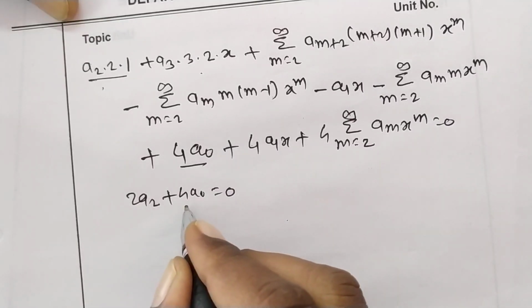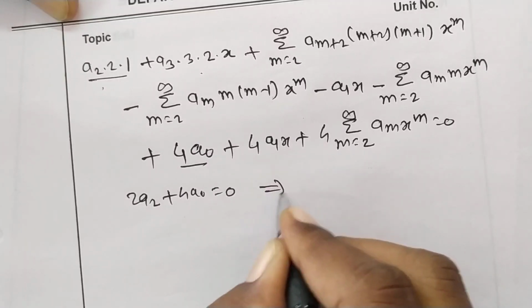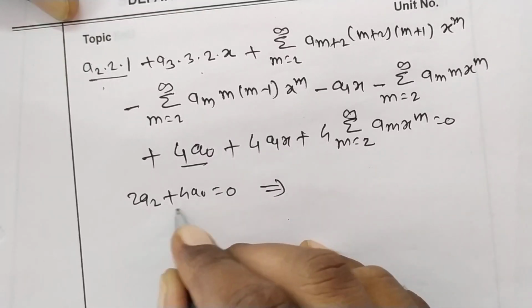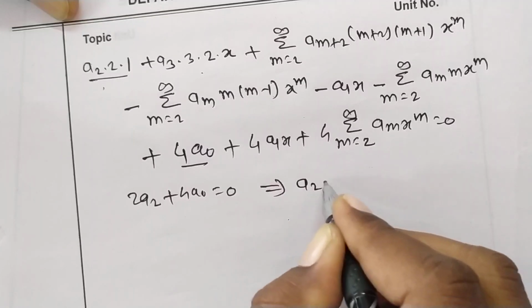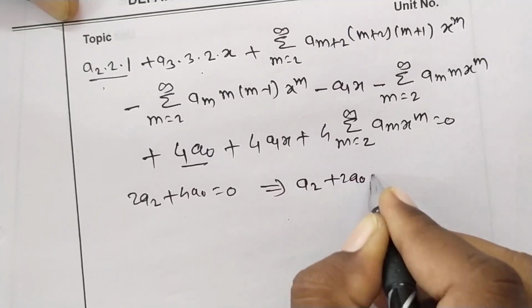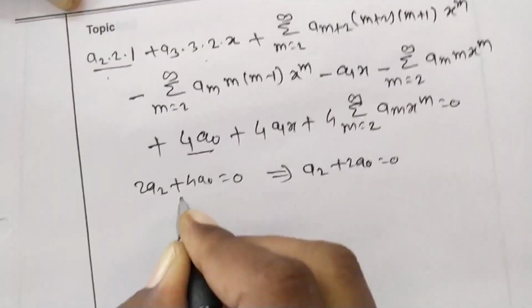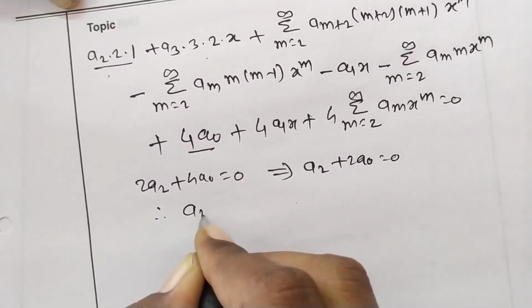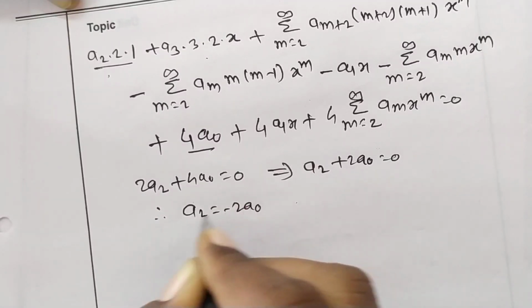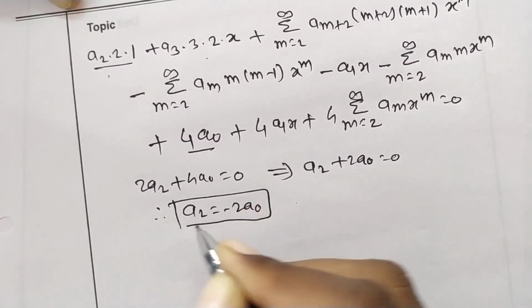So 2a2 plus 4a0 is equal to 0. So we want a2 in terms of a0. If we divide by 2 here, then this becomes a2 plus 2a0 equal to 0, and therefore a2 is equal to minus 2a0. So this is the value of a2.